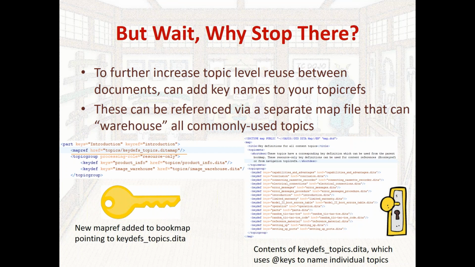You can see in the right-hand image we have keydef, keys, and then the name it is given, which is then going to be referenced within individual topics, and then the actual full href for that individual DITA topic. So the topics will be referenced using the keys, and within this map file, they are fully resolved so that they can be pointed to and called upon within the parent map.